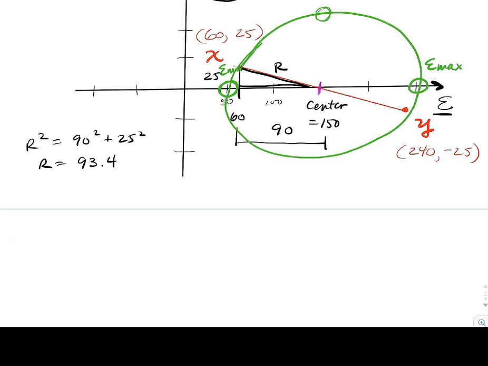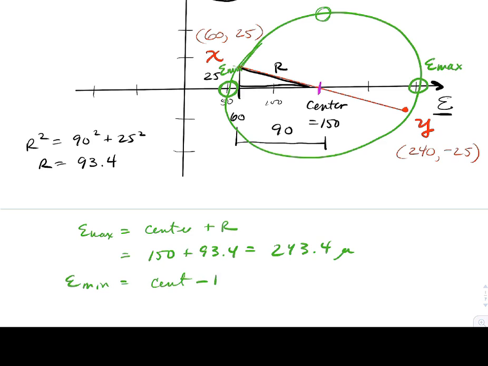So to calculate those, all we need is the center plus r. Again, that's why those are so powerful. 150 plus 93.4, so 243.4 microns. The minimum would be equal to the center minus r, which would be 150 minus 93.4, or 56.6 microns.